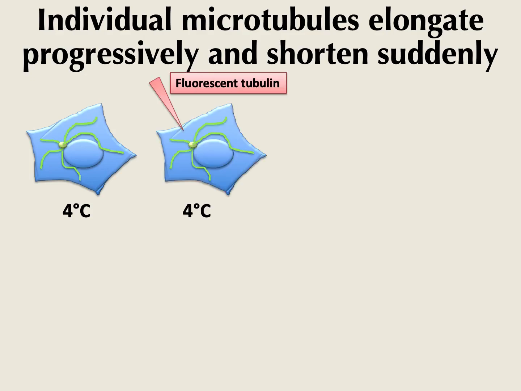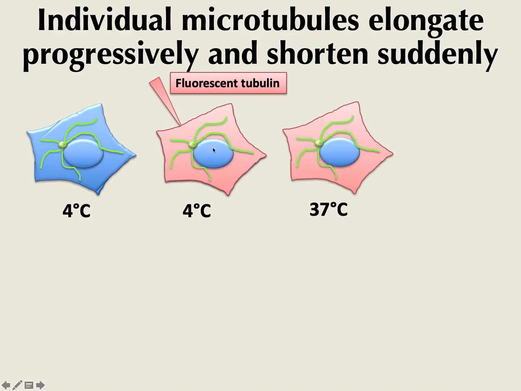So here is a simple experiment, kind of old school in some ways. You take cells which you keep cool, so nothing really happens. They have a pre-existing microtubule cytoskeleton to begin with. And then you add fluorescent tubulin, and so this loads, nothing happens until you switch the cells back to 37 degrees, and then you see addition of tubulin on pre-existing microtubules.